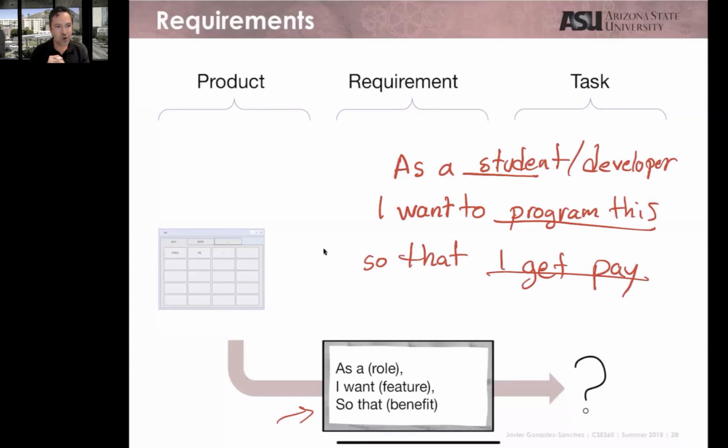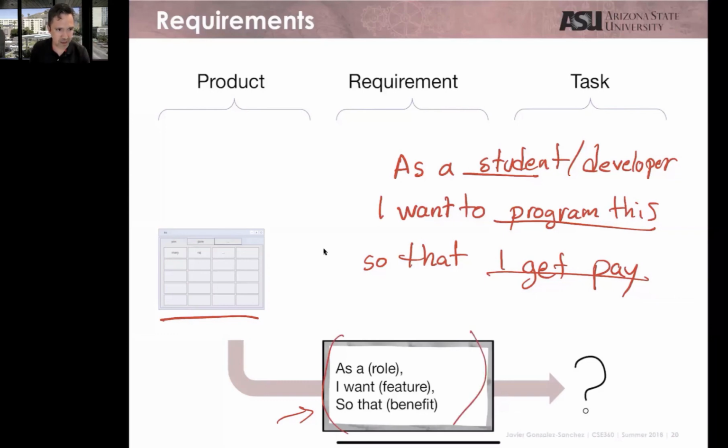The user stories represent what the customer wants. You do not use this as a developer: I want to program this. It's not about you. It's about the requirements that the customer is asking you to do. In the same way, when you work in your custom project, please do not write, as a student, I want to program this because I want a good grade. That is not a user story. That is not the philosophy for this.